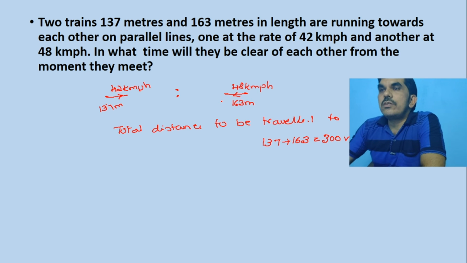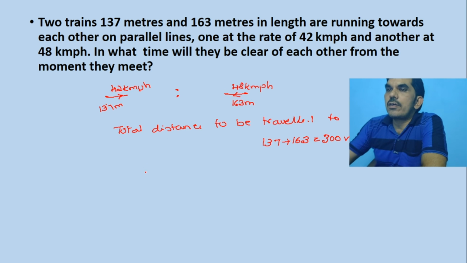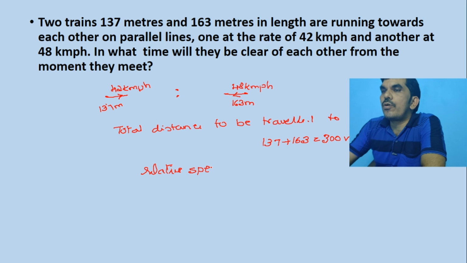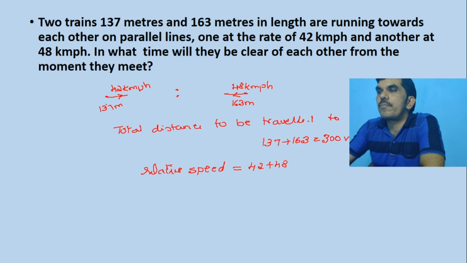Now, since both the trains are in opposite directions, I will consider the relative speed, or it is called an effective speed, as I told in the concepts, key points. Relative speed is 42 plus 48, that means 90 kmph.